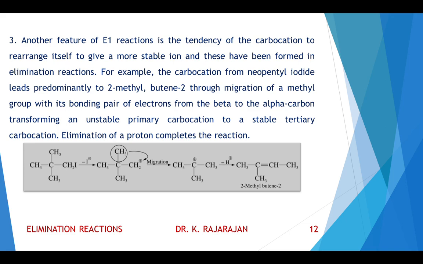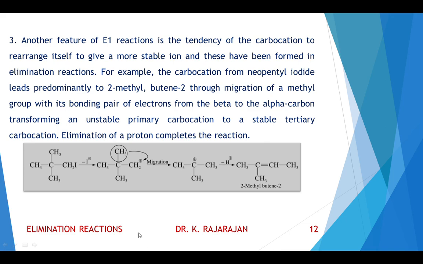For example, the carbocation from neopentyl iodide leads predominantly to 2-methyl butene-2 through migration of a methyl group with its bonding pair of electrons from the beta to the alpha carbon, transforming an unstable primary carbocation to a stable tertiary carbocation. Elimination of a proton completes this reaction.